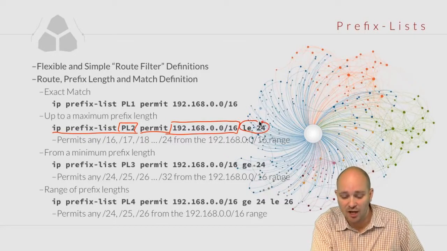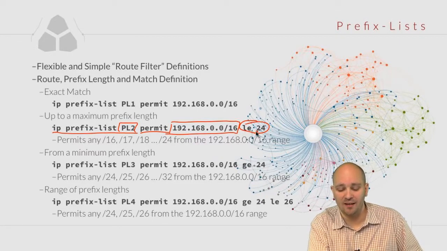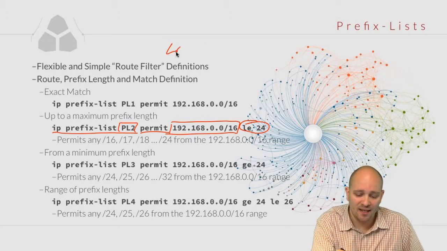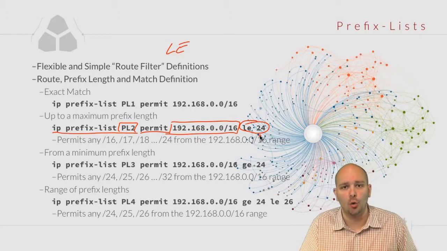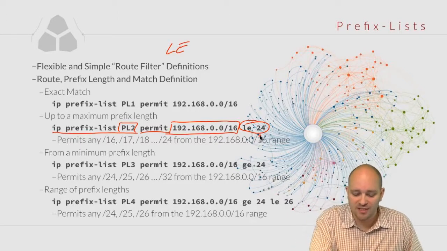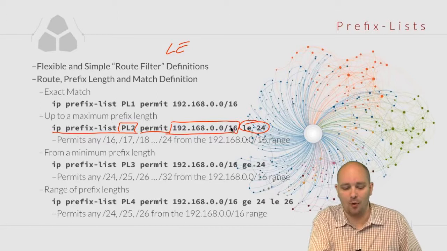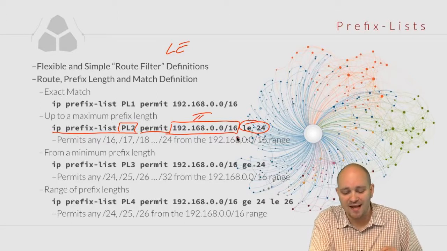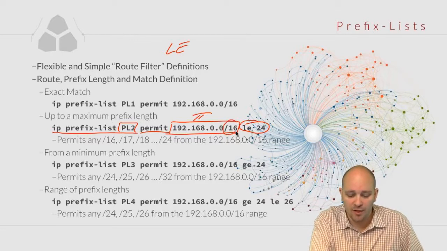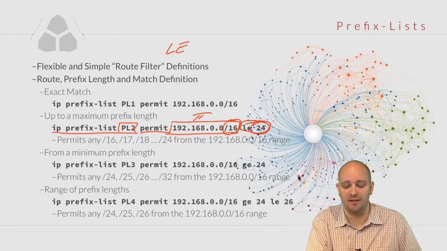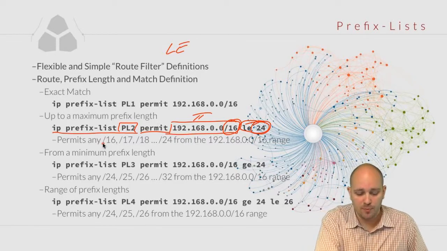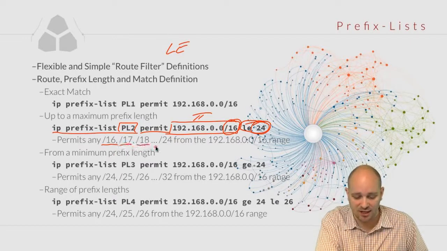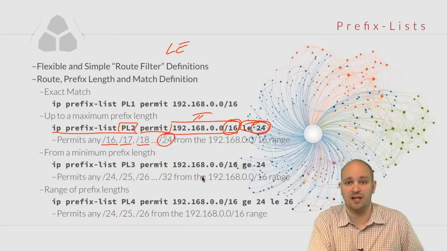We are permitting prefixes from the range 192.168.0.0/16, and here we have an operator LE 24. LE simply stands for lower or equal. What we are saying here is that we are going to allow prefixes from this range as long as they are between the prefix length of /16 and up to a maximum length of /24, which means that we are going to allow /16, /17, /18 and all the way to /24.